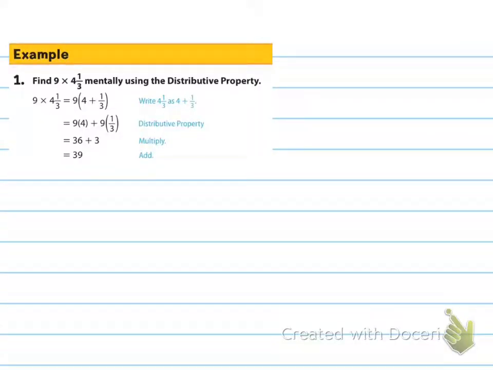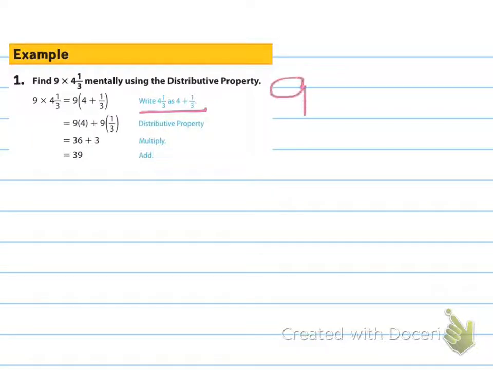So number 1, it says find 9 times 4 1/3. So the way that they're saying to do this is by using distributive property. Let's separate the 4 1/3, and 4 plus 1/3 is the same as 4 1/3. So they're saying let's rewrite it as 4 plus 1/3.